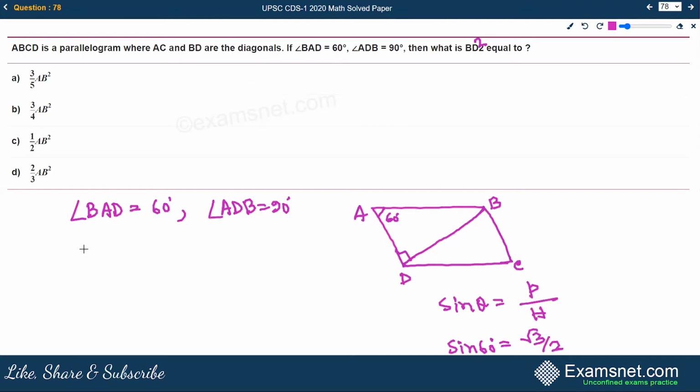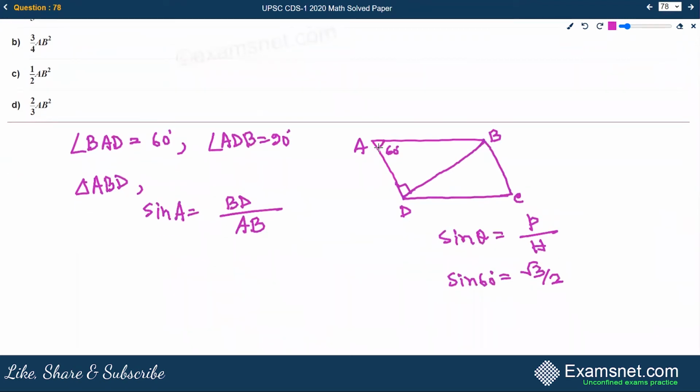If we consider triangle ABD, since this is a right angle triangle, and consider angle A, then sine A is BD by AB. Since we are considering angle A, AD is the base, BD is the perpendicular, and AB is the hypotenuse.